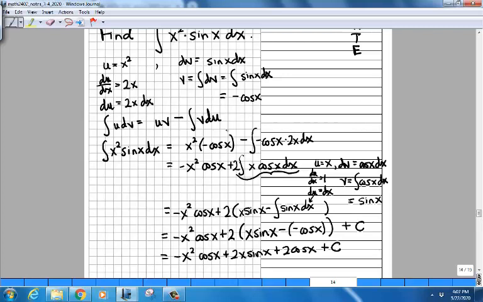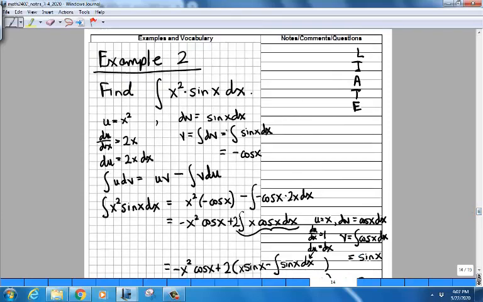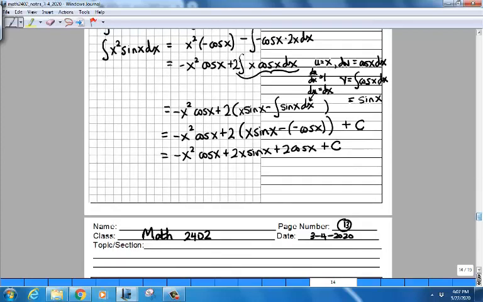The antiderivative of x squared sine of x turns out to be all of this expression here. Minus x squared cosine of x plus 2x sine of x, and then plus 2 times the cosine of x. So notice in this problem, we got to apply integration by parts twice in the same problem.